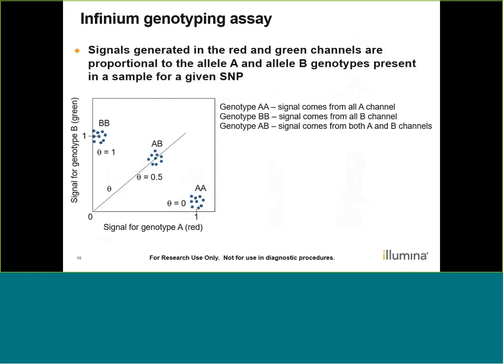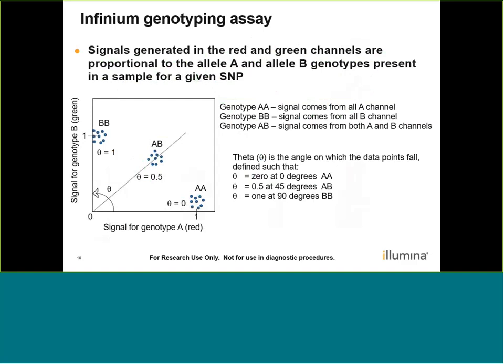If we then plot the angle from the x-axis, which we're going to call theta, at 0 degrees, the theta value is also 0, and the genotype is AA. At 45 degrees, the theta value is 0.5, and that genotype is AB. At 90 degrees, the theta value is 1, and the genotype is BB.